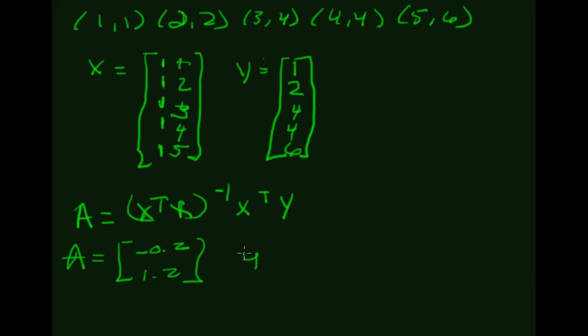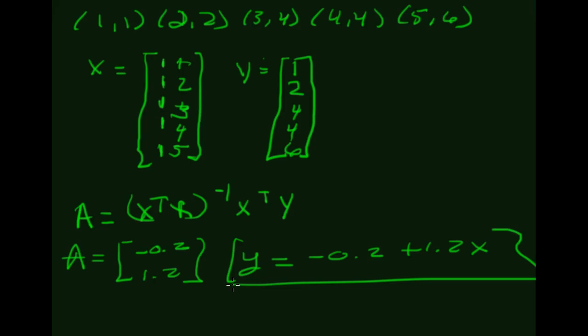So this means that the line y equals negative 0.2 plus 1.2x is the linear regression line, or the line of best fit for those points. So go matrices, yet another thing that we can do with them.